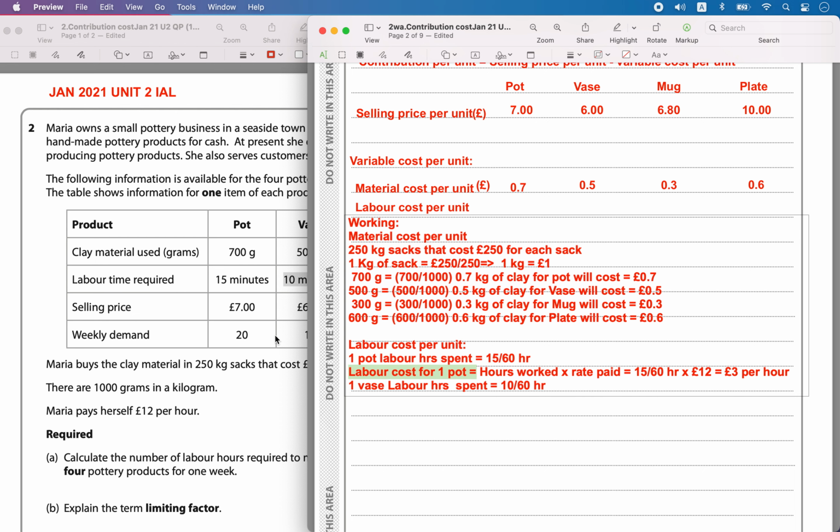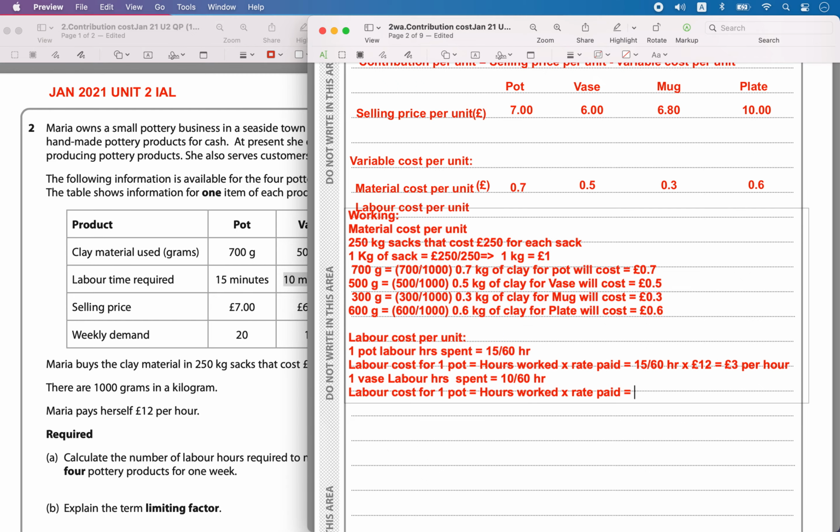So now the labor cost for making one vase we have to calculate. So the labor cost for making one vase is going to be hours worked into rate paid. So the hours worked is equal to 10 by 60 hours into rate paid is 12 pounds.